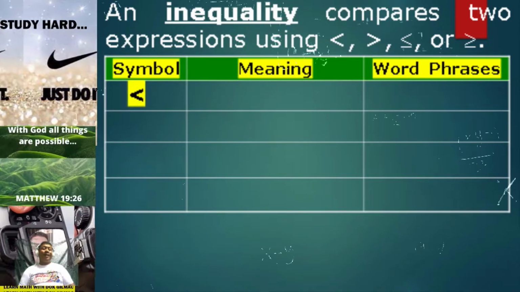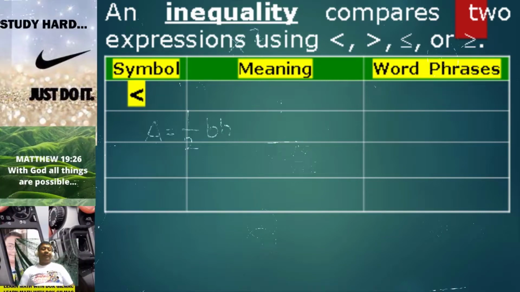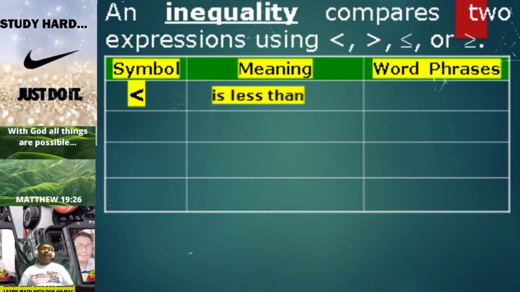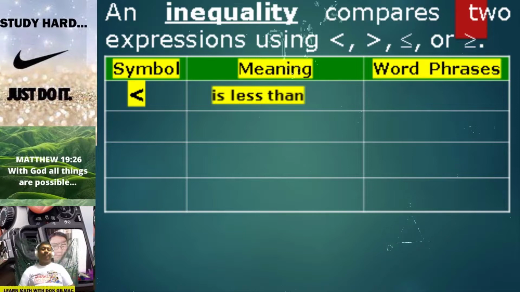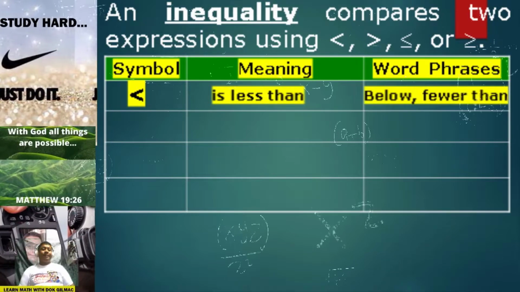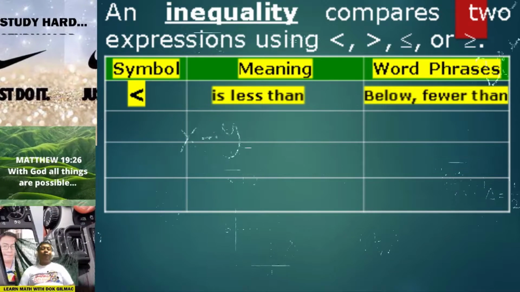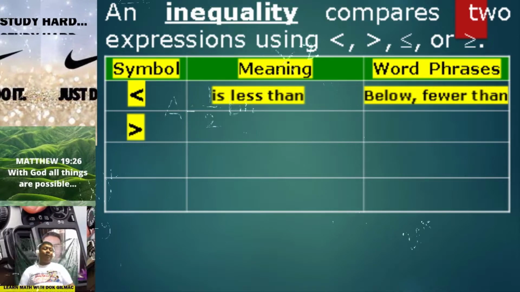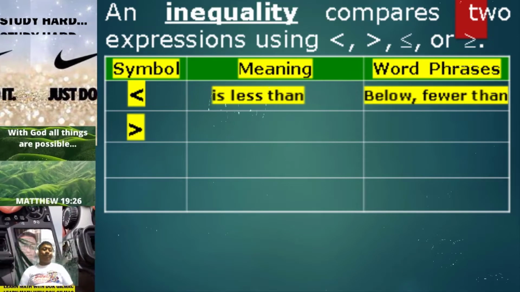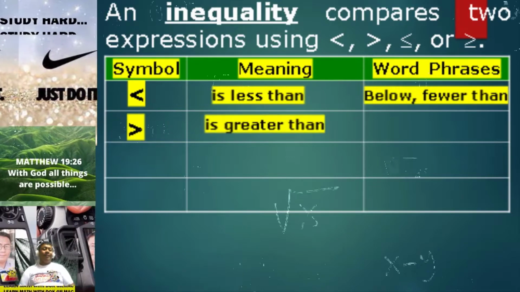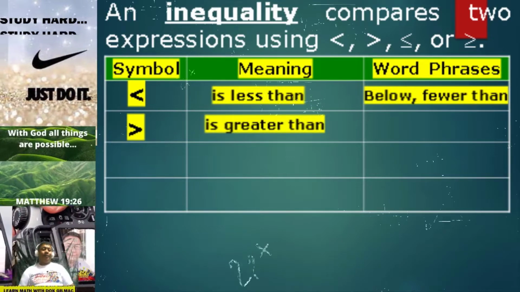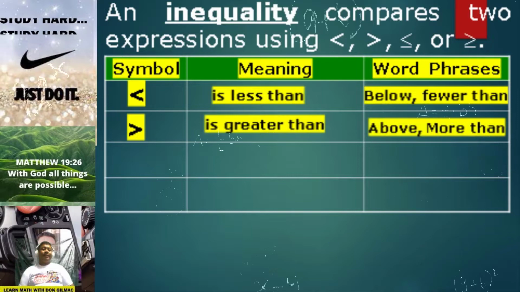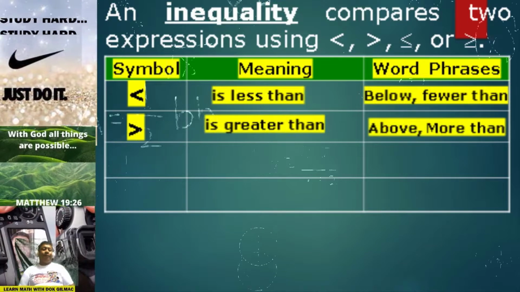For the symbol less than, the meaning is simply is less than. Word phrases: below, fewer than. For the symbol greater than, meaning is greater than. Word phrases: above, more than.